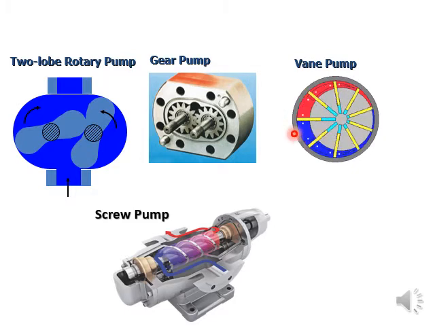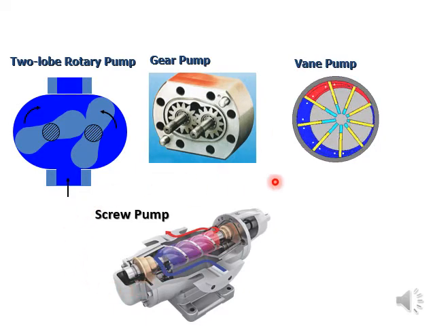And this is a vane pump. You can see the low pressure zone is shown by this blue color, and red color zones show the high pressure side. And inlet and outlet are at these places.